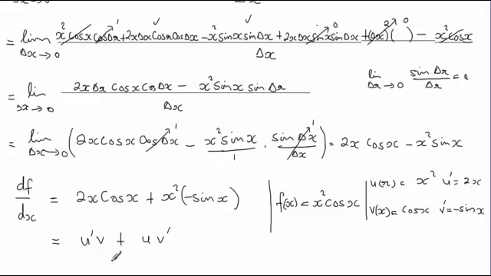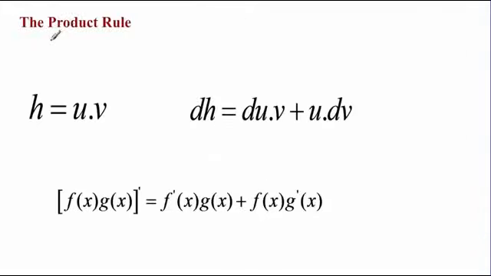So that takes us to what we call the product rule for differentiation. In this case, we're looking at a function which is a product of two functions, let's say u times v, and we're differentiating that. What comes out is a combination of the individual derivatives of the functions. Summarizing, we've got a product h equals uv.